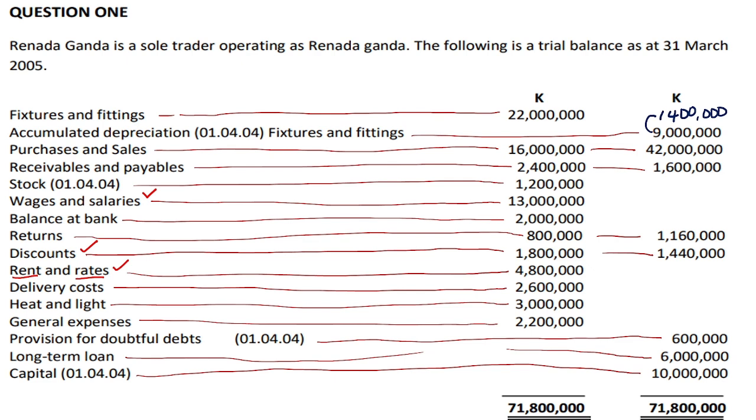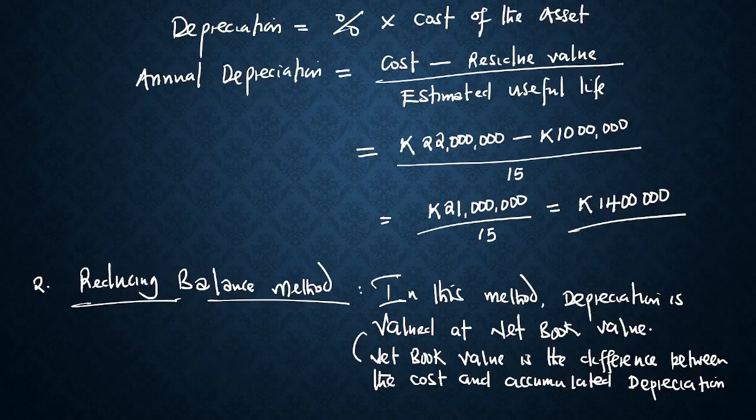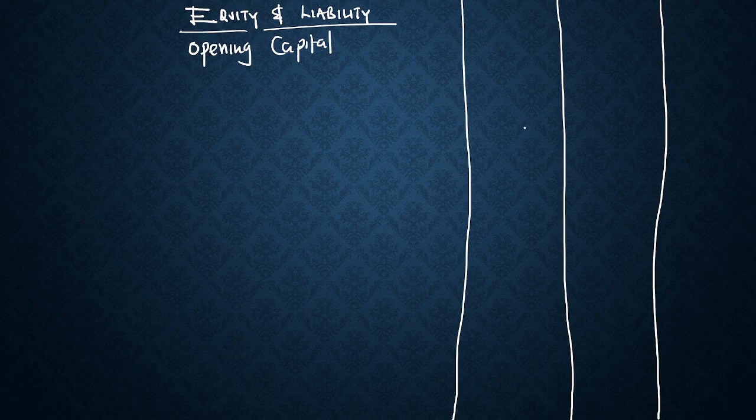Our capital was 10 million. Then let's take note of our drawings. Drawings were 3,200, then 340. To avoid coming back. Then we're going to add net profit. Our net profit was 2020.